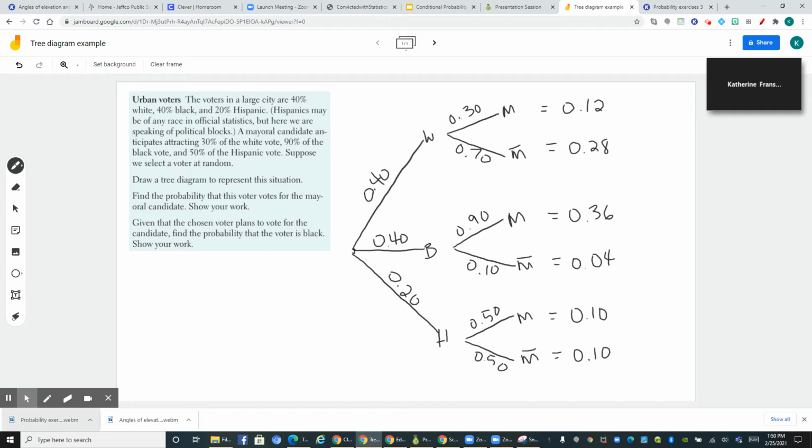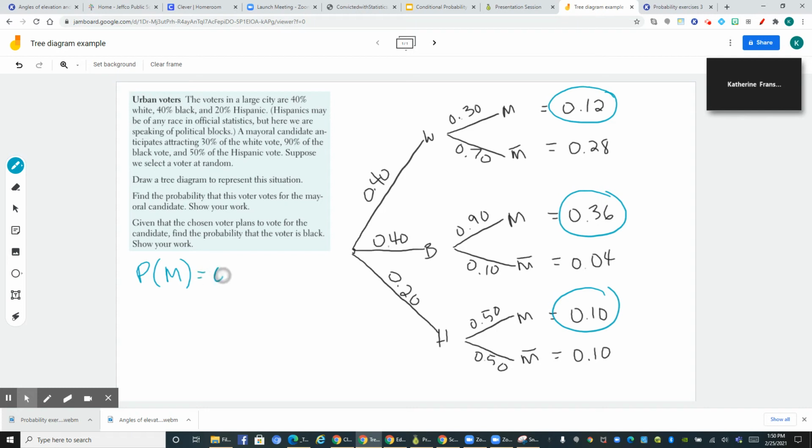Find the probability that this voter votes for the mayoral candidate. Show your work. So we have randomly chosen a voter. We know nothing about them. Just did they vote for this mayoral candidate? Well, they could be in three groups. They could be these voters, or these voters. So they could be in any of those groups.